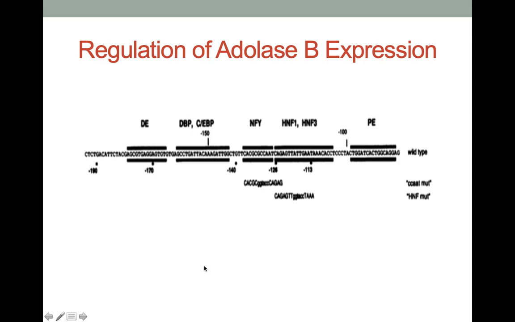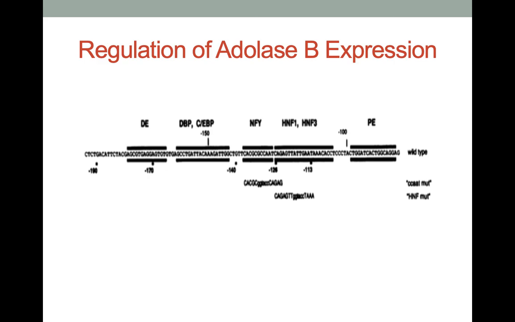Overall, the results of their experiment showed that DBP and HNF1 were strong transactivators of the aldolase B promoter region. The C/EBP and variant HNF1 were weak activators, and then HNF3 by itself did not modify much activity.